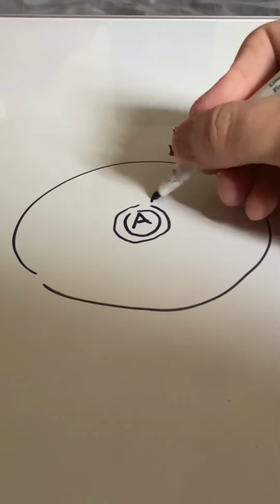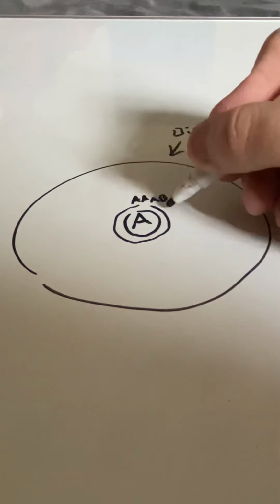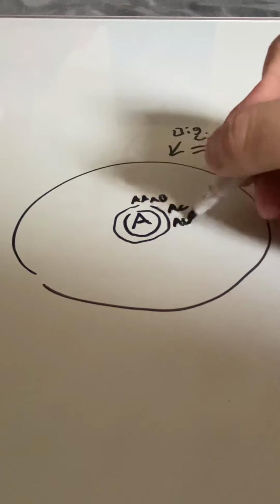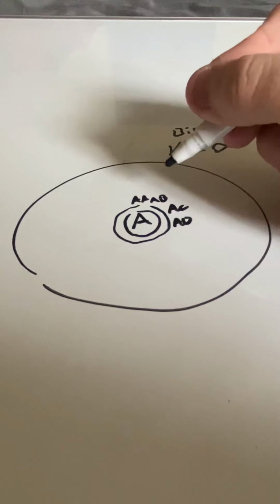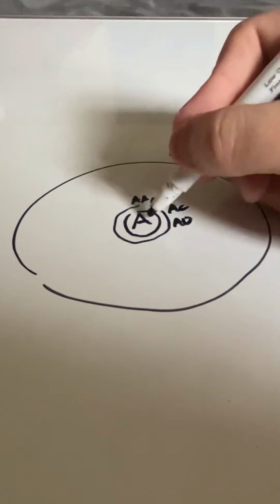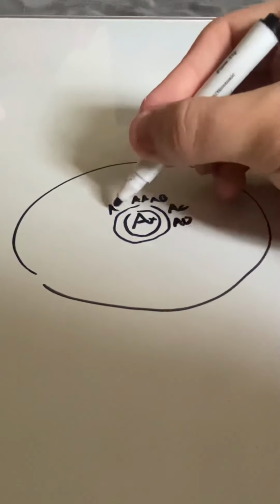So we have A, B, I forgot to put A, C, A, D, but it goes all the way around until it's the end of both of those, right? And you get all the way to AZ.